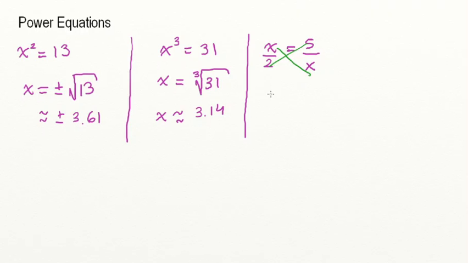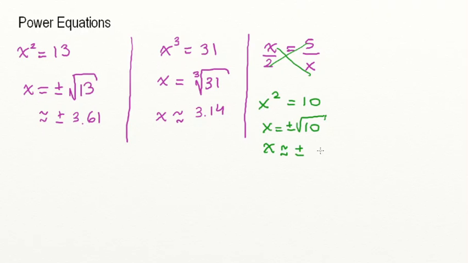So if we cross multiply, we get x squared equals 10. And now it's easy. That's what we have been doing so far. So x is root of 10, and since this is 2, we will have plus or minus. So root of 10, again, use your calculator.